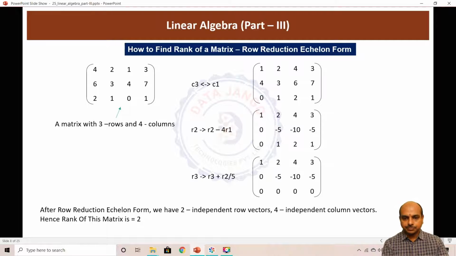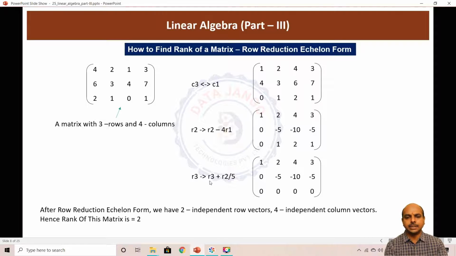Okay. Now if you look at the third row and the second row, if you multiply the third row by 5 and add it to the second row, you can make either the second row 0 or the third row 0. I chose to make the third row 0. It doesn't matter, because we want to find the independent vectors.